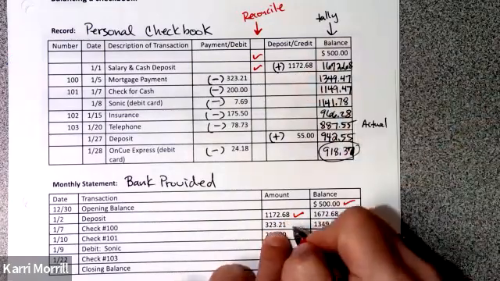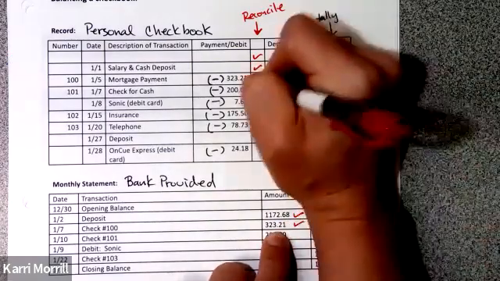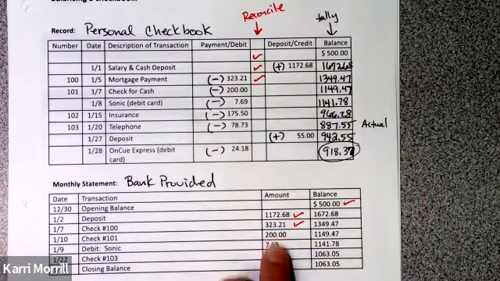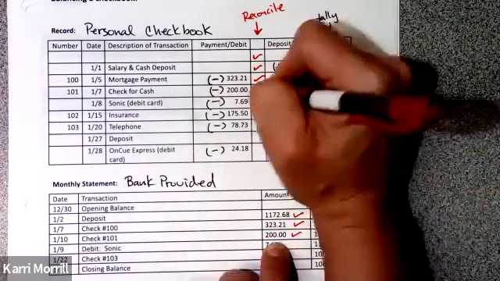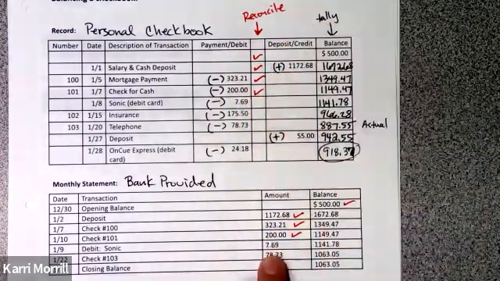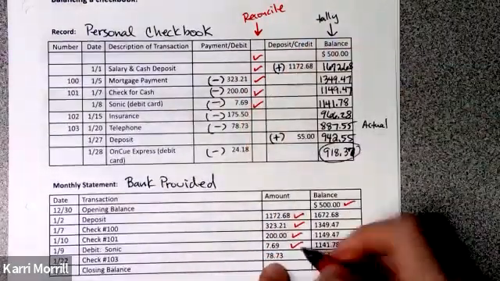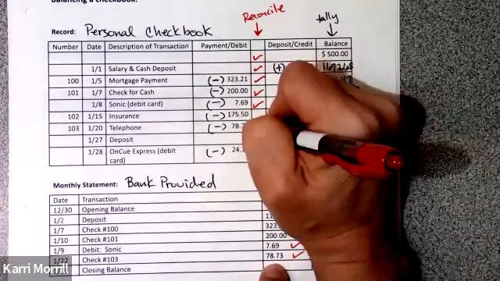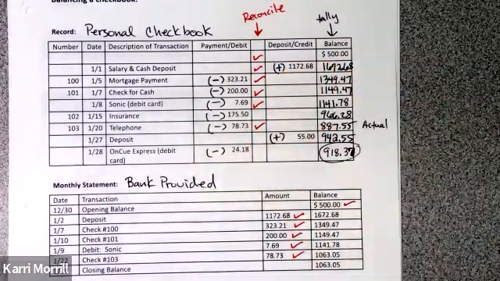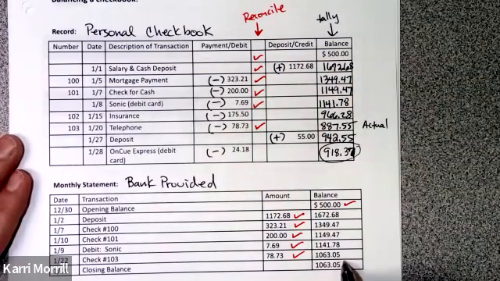And then you wrote a check for $323, and that's right there. We took $200 out, that came out. Our Sonic $7.69 came through the bank. Our $78.73 to the telephone company came through the bank, and that's it. They're saying our balance is this.